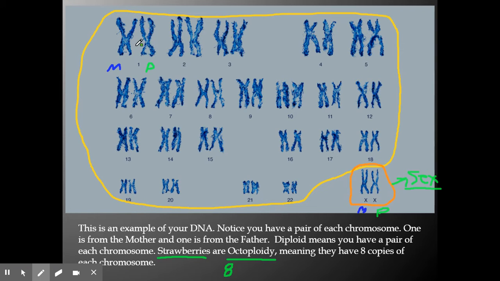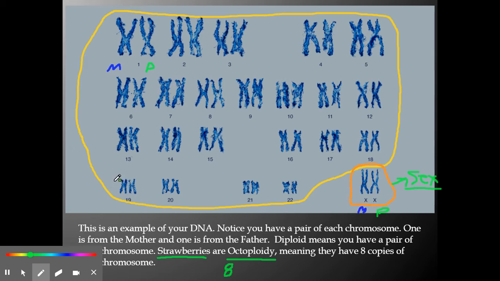They have 8 ones, 8 twos, 8 threes, etc., or however many autosomal chromosomes they have. They have 8 pairs of them, or 8 copies of them. It's pretty crazy. And it does that because it wants to make sure that it has enough genes to make the plant and the fruit that it bears. Okay.